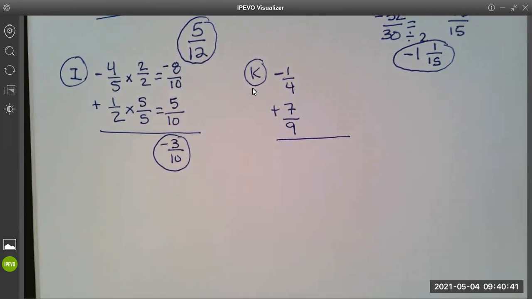If I start going 9 times 1, 9 times 2, 9 times 3, right? Is there anything before 9 times 4 that they can divide into? So 9 times 1 was 9, and we said no. 9 times 2, how much is that? 18. And 4, no. 9 times 3, 27.